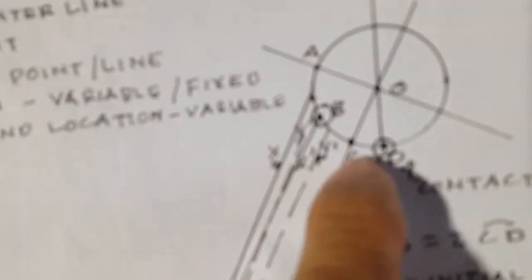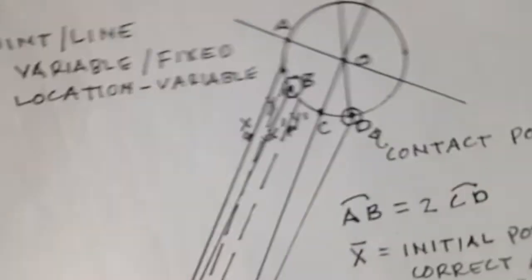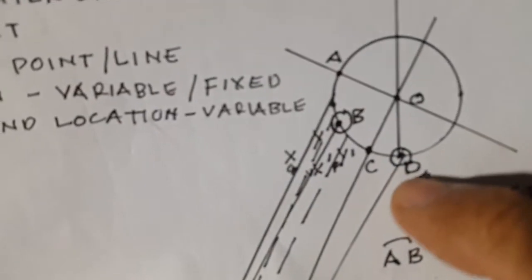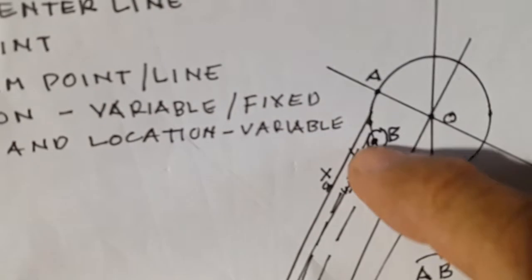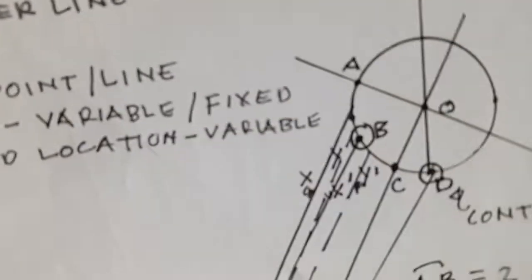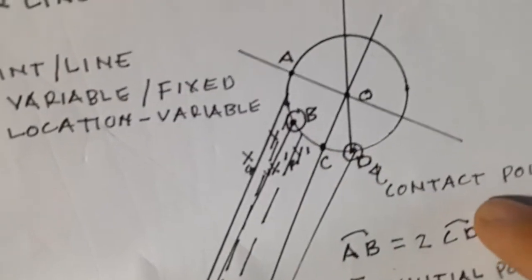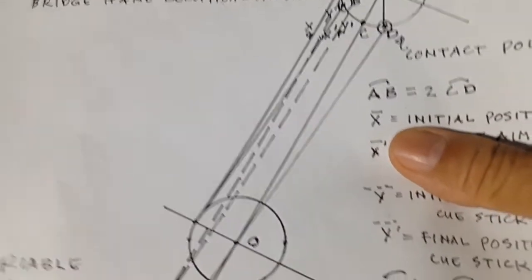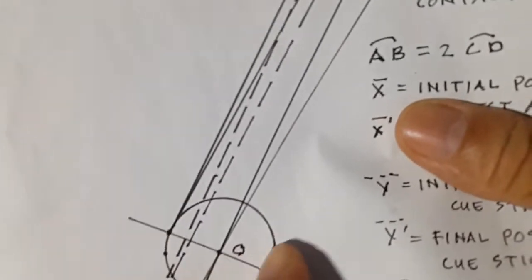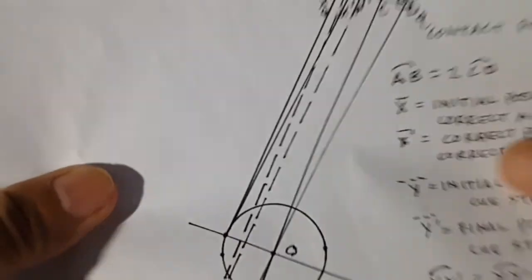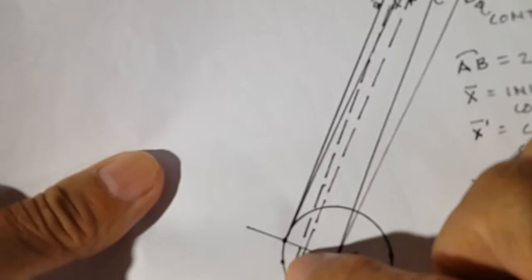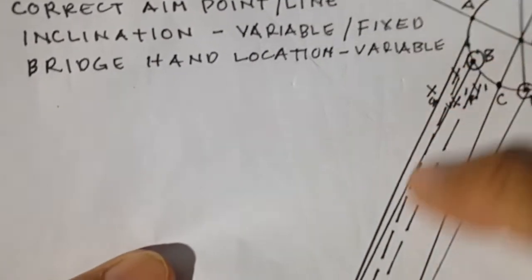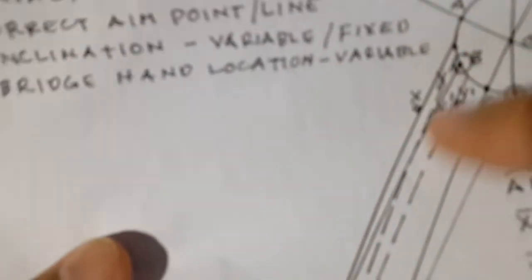Once we have known the process of determining this aim point with regards to any specific contact point, the next step now is how to deliver this cue ball to this aim point, passing through this correct aim line. That is the next step we have to do.